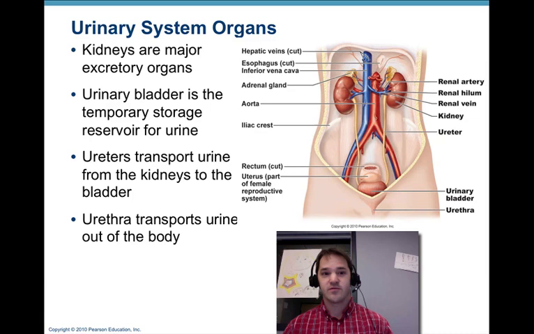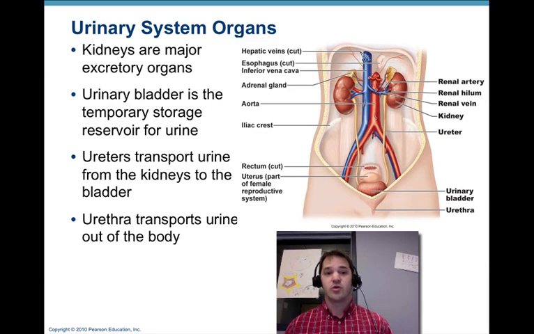So this is going to be an overview of Chapter 25, Urinary System, and I'm just going to walk you through the major points of the chapter. So, digested food, when you eat it and digest it, provides the raw materials for metabolism.